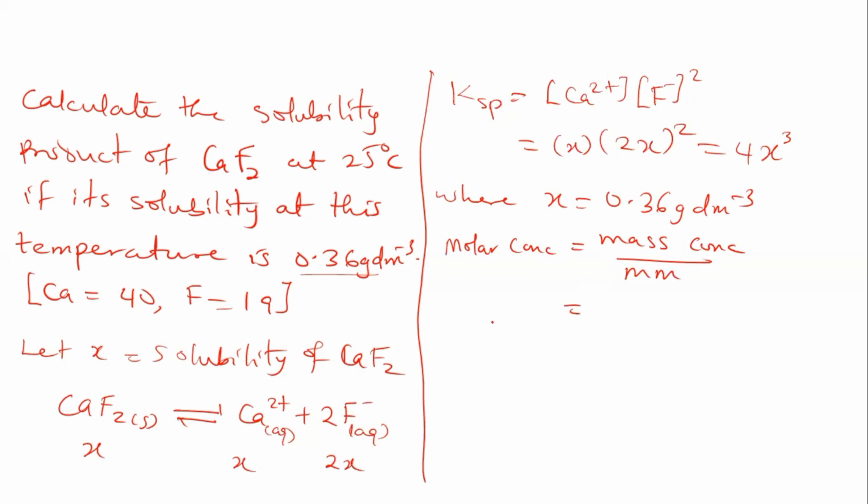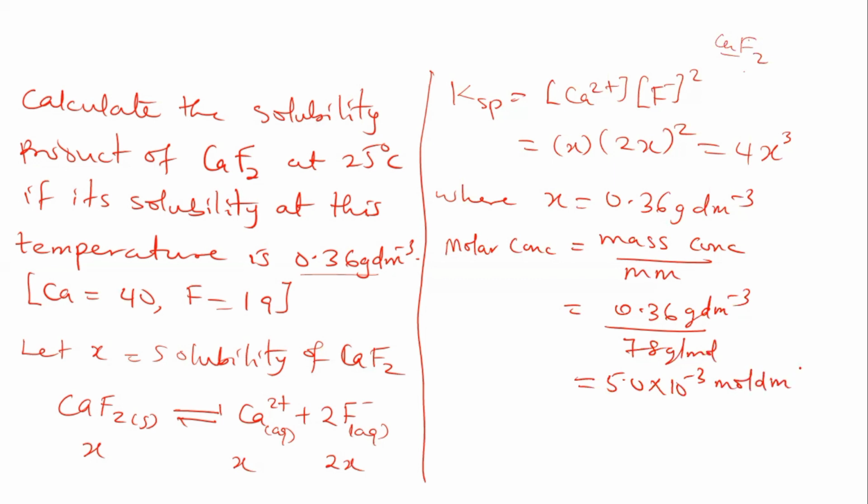The molar mass of calcium fluoride is going to be 40 plus 2 times 19, and that's going to be 78. So we have 0.36 gram per dm cube divided by 78 gram per mole, and that's going to give us 5.0 times 10 raised to the power minus 3 mole per dm cube.